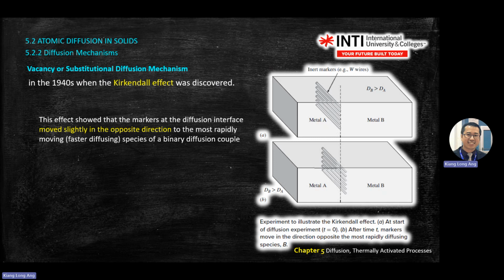So you can see here metal A, metal B, and metal A, metal B here. Here is the start of the experiment. This is after time T, the marker moves in the direction opposite to the most rapidly diffusing species. Okay. So A will move to here.